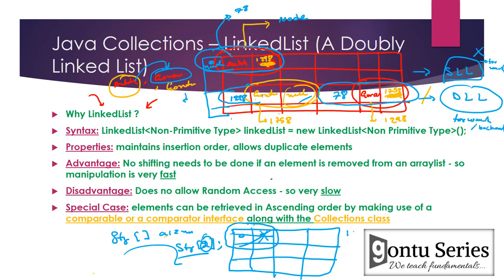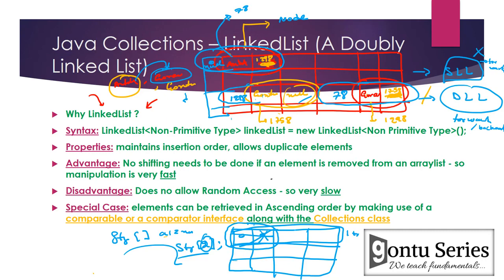If you have to store 1 billion elements in this, then you have to book 1 billion memory spaces here. And if you have to store 1 billion elements in a linked list, you are not required to book any space upfront. For the first element you are going to use 2 spaces, and whenever you add a new element, only at that time you book space for that specific element.